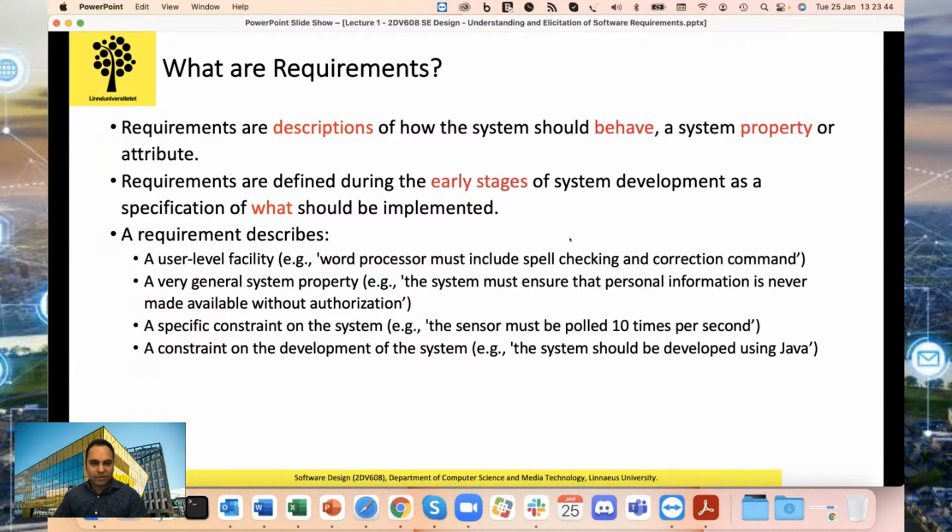For example, if you have a sensor-based system, we might specify that each sensor will read the data from the environment a specific number of times per second. And there can be some development constraints also. For example, some clients might prefer only Java, or others might prefer JavaScript and so on.